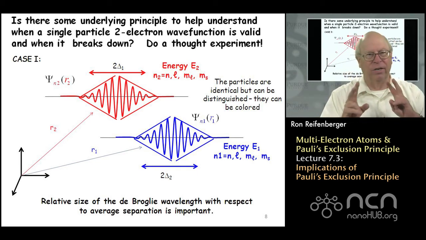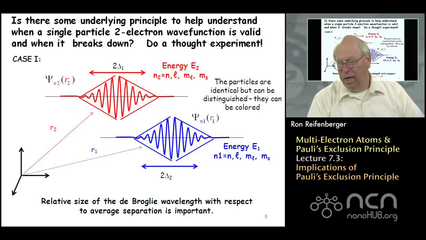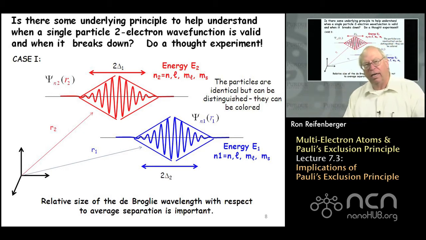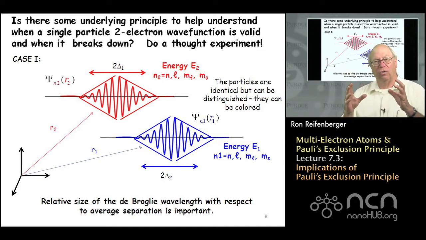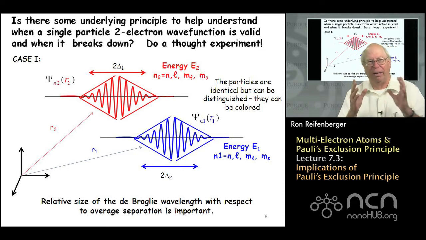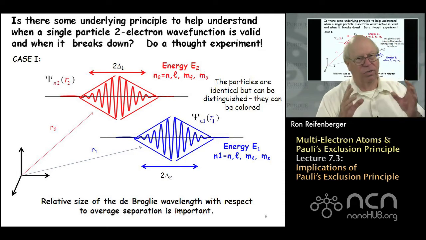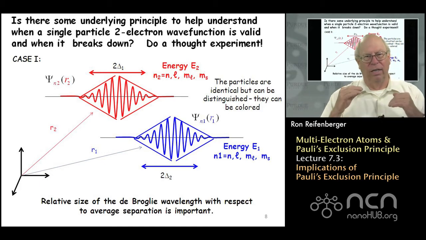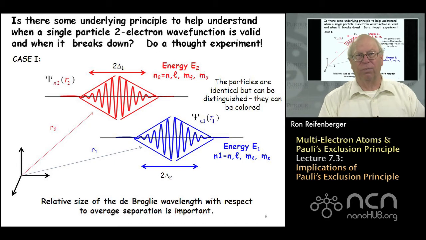I'd like you to think about two cases. Case one is when I have two electrons, or let's say two particles, and these two particles are distinguishable. You can tell the difference between them. They might be identical, and they don't interact, but you can tell the difference between them.